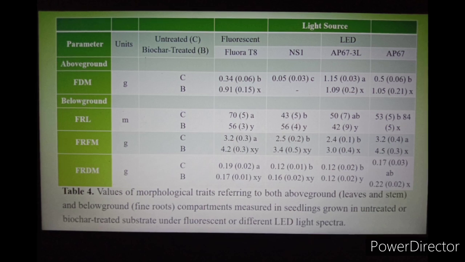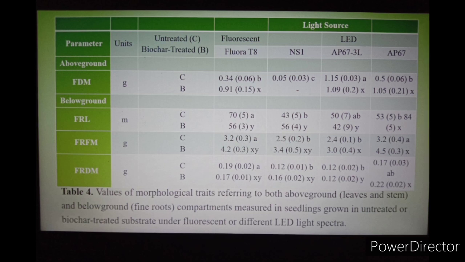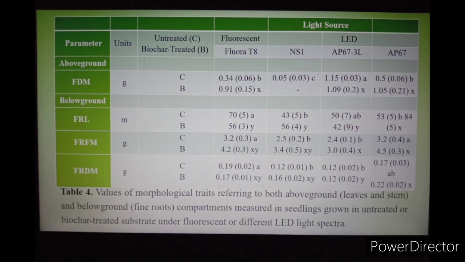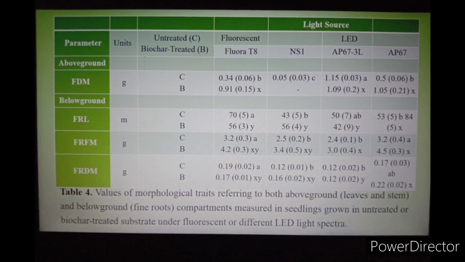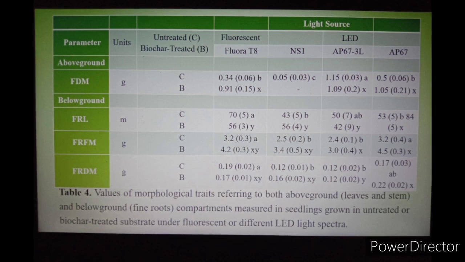In biochar treated seedlings, fluorescent light had the greatest fine root length value, with AP67 seedlings showing no significant differences among the other light sources. Biochar application significantly increased fine root length only in the case of AP67.